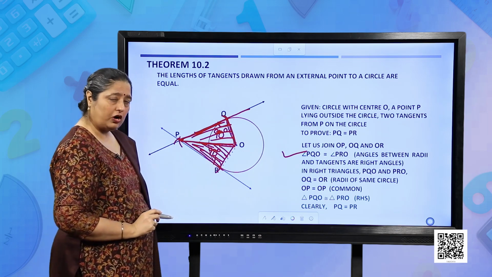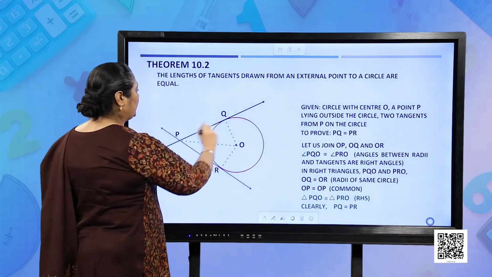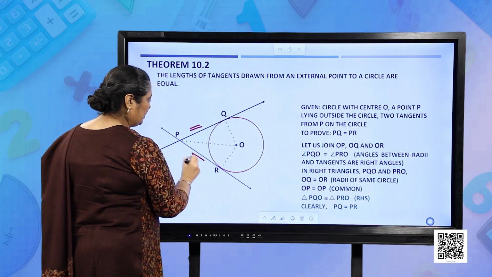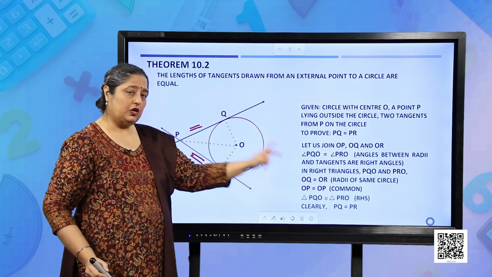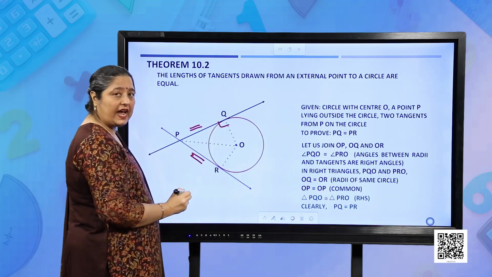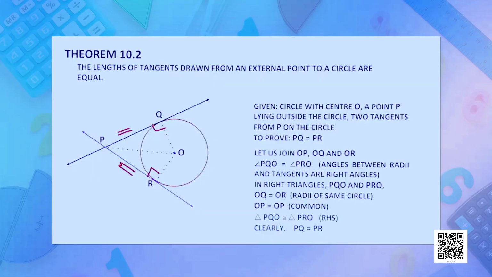The two triangles are congruent. Since the two triangles are congruent, we can say that PQ is equal to PR, and this is what we have to prove. I hope it is clear. Only one concept, that the radius makes a right angle with the tangent. Only this concept you have to remember.